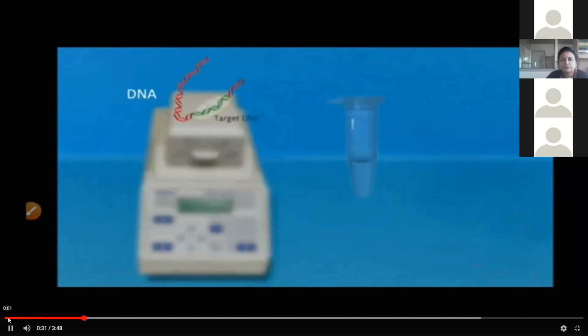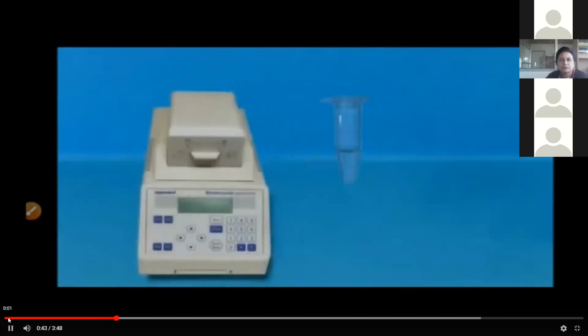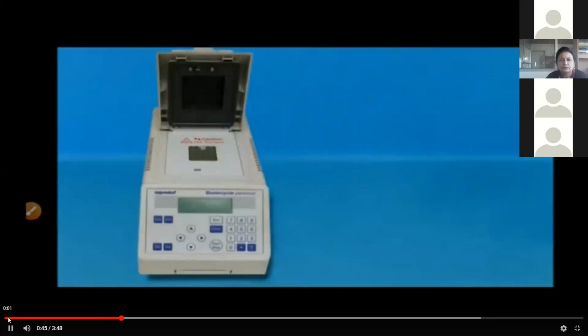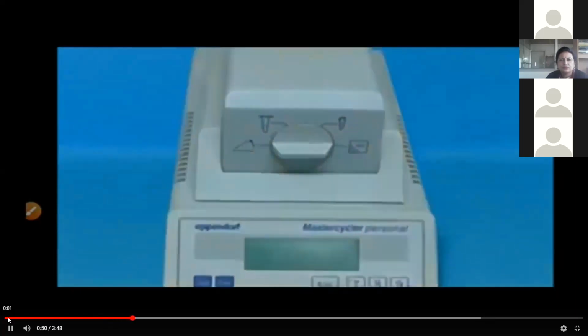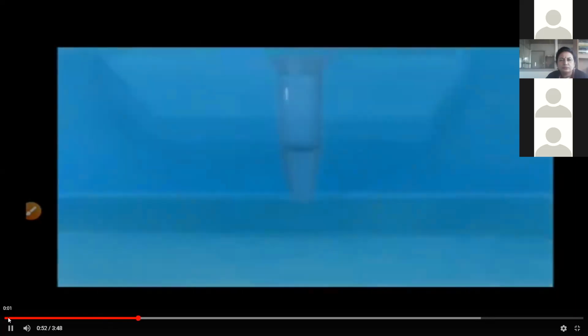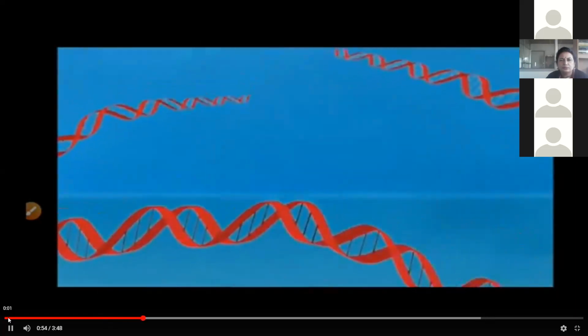We have an example of a tube in which the target DNA is placed. We have to add primers and polymerase enzyme inside the tube. The tube contains the sample DNA, dNTPs, polymerase enzyme, and we place the tube in the thermocycler machine.